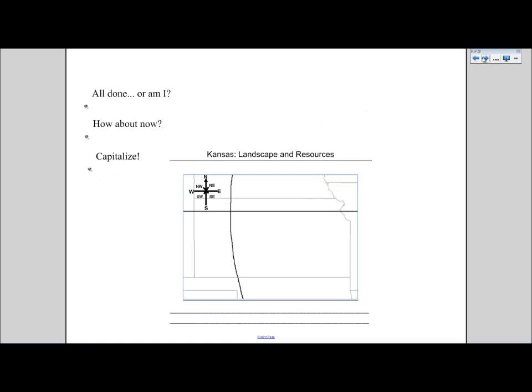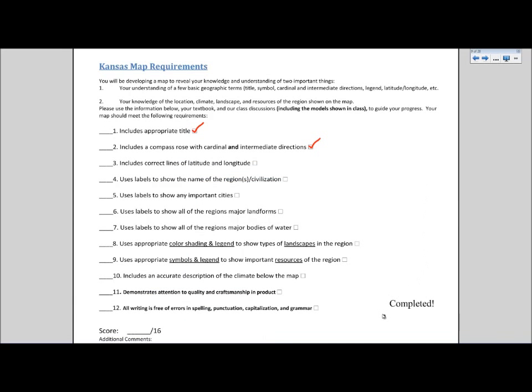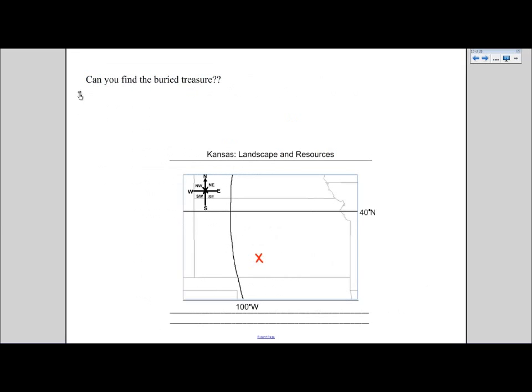Remember, always, always capitalize every letter in your compass rose, even the second letter of the intermediate directions. Alright, turn your page over and check off that task. It is complete. Can I get a volunteer to read our next task?